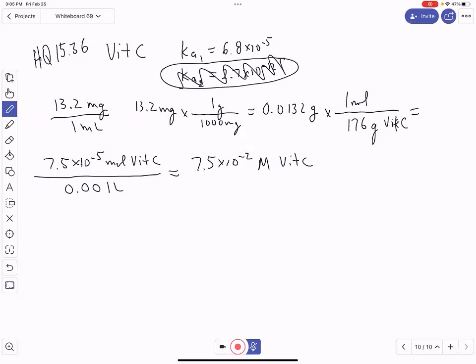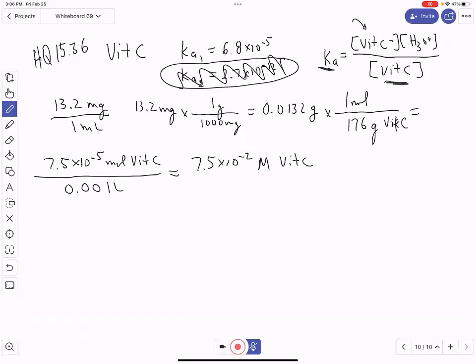All right, so now we can find the pH. We know Ka, we know the concentration, right? So now my Ka would look like essentially the conjugate base of vitamin C times hydronium all over the concentration of vitamin C. We know Ka, we know vitamin C concentration, right?